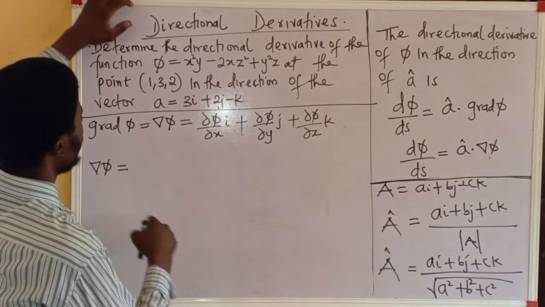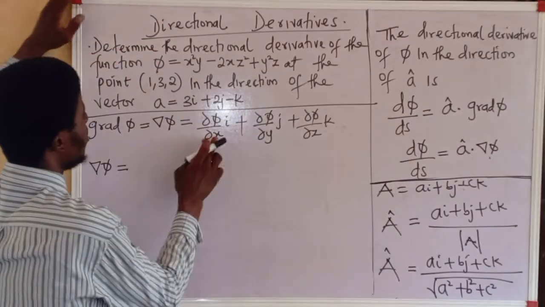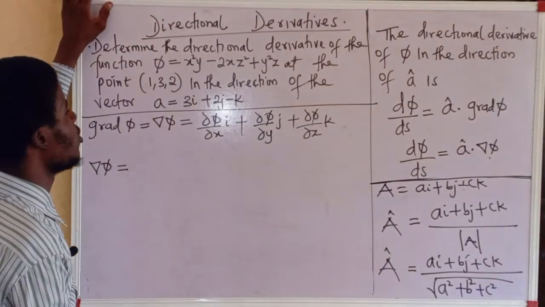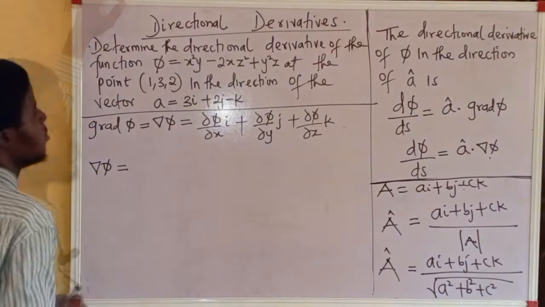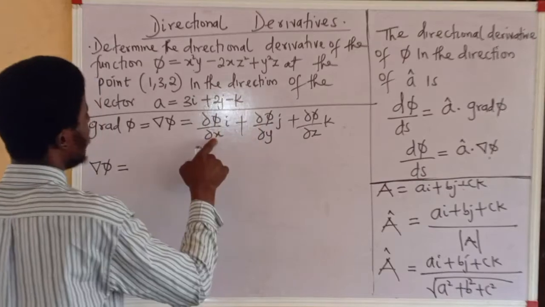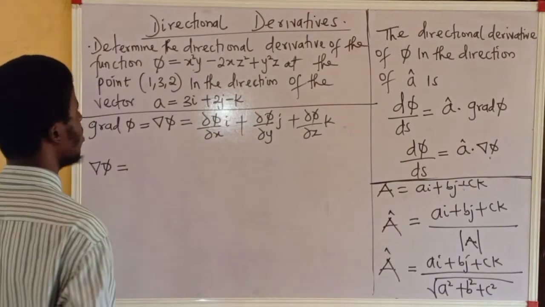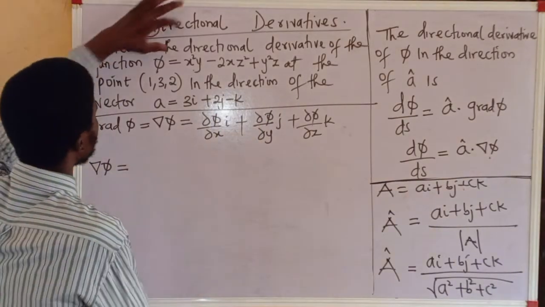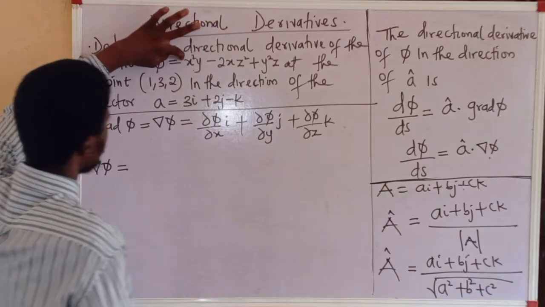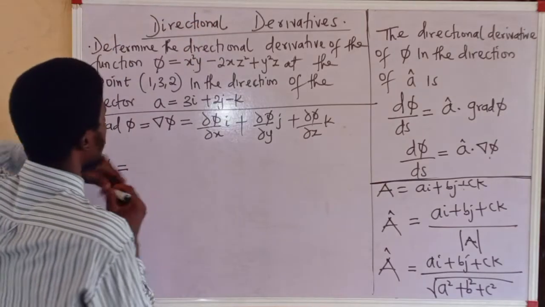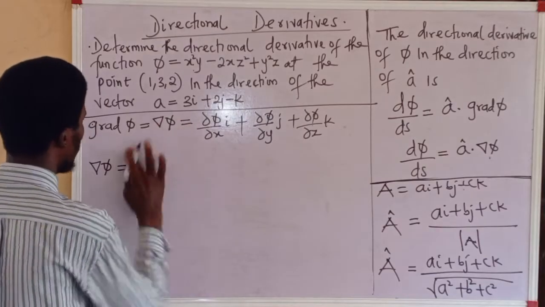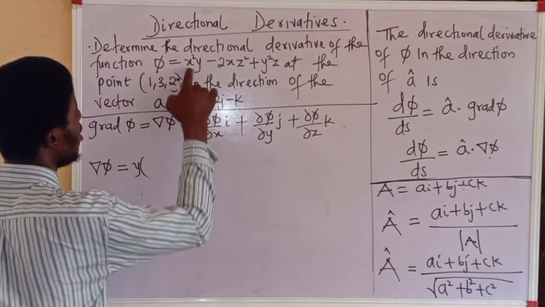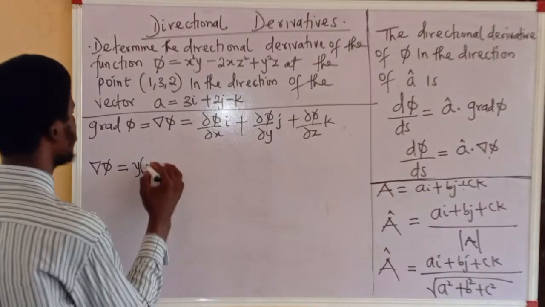What is the derivative of this function with respect to x? That means we are going to keep y and z constant. So let's differentiate this with respect to x, keeping y and z constant. Let's differentiate the first one, x squared y. Keep y as a constant, differentiate x squared with respect to x to get 2x.